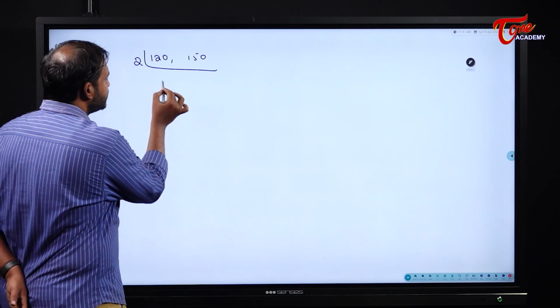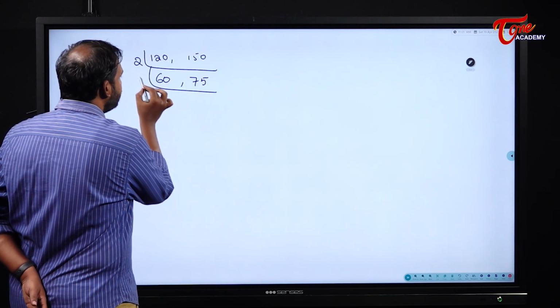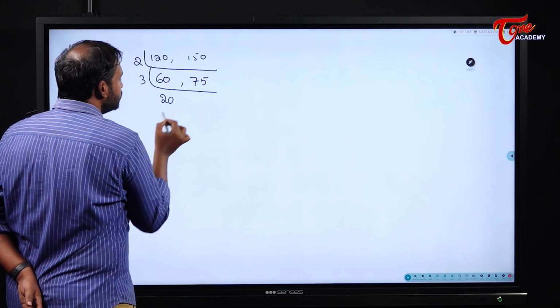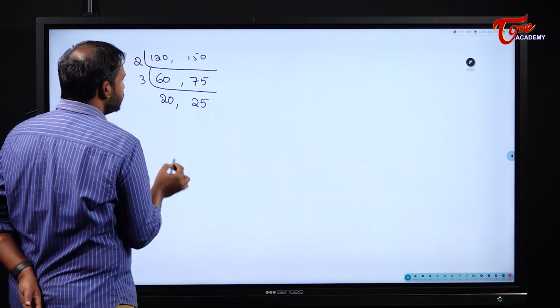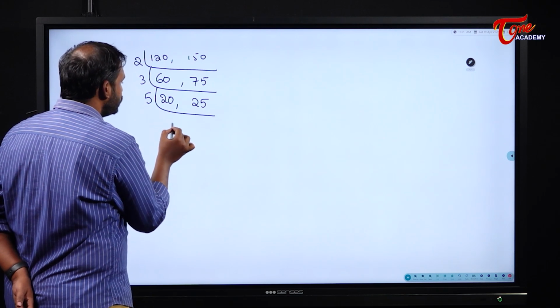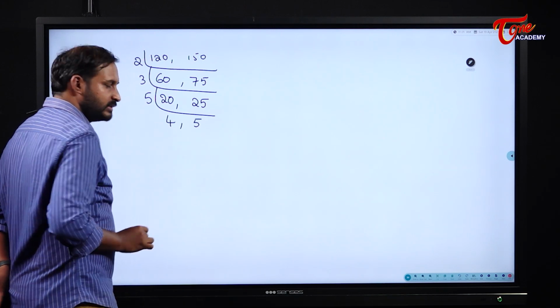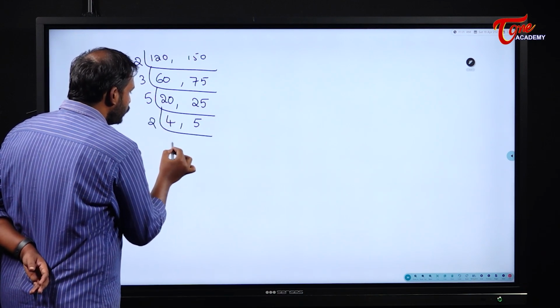2 6s are 12, 2 75s are 150. Next in the 3 table, 3 2s are 6, 3 25s are 75. Right, next in what table will it go? In the 5 table. 5 4s are 20, 5 5s are 25. Understood? Next what can I take? 2, 2 and 5.